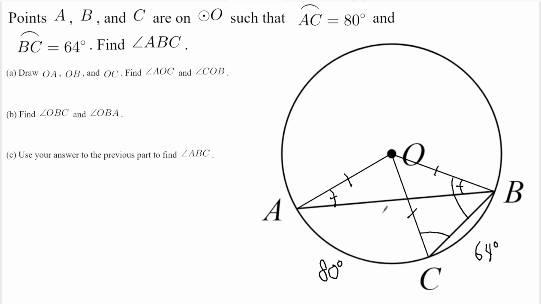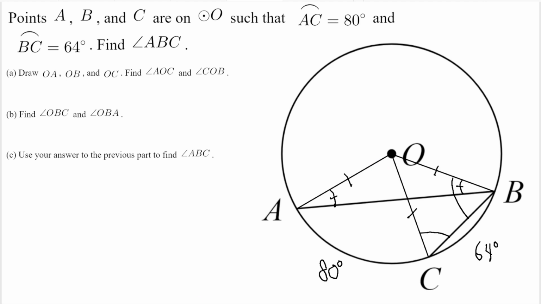They're equal, which is going to help us find out the measures of angle AOC and COB. So let's start by finding angle AOC. Well, that's this angle right here.